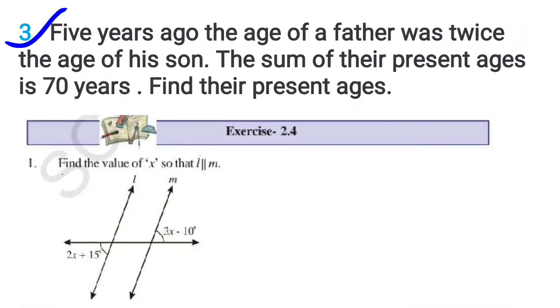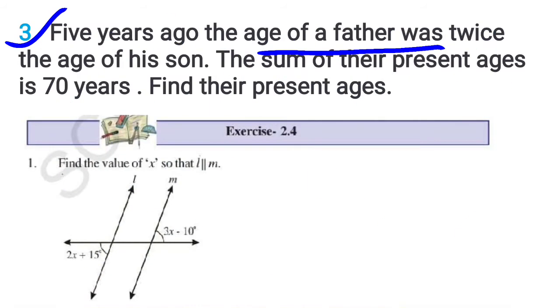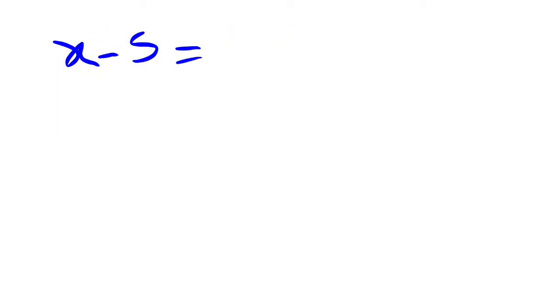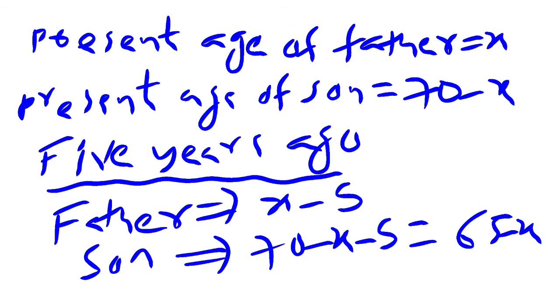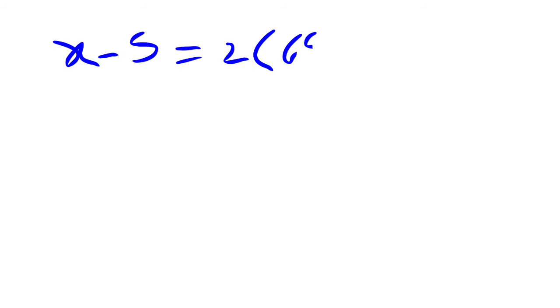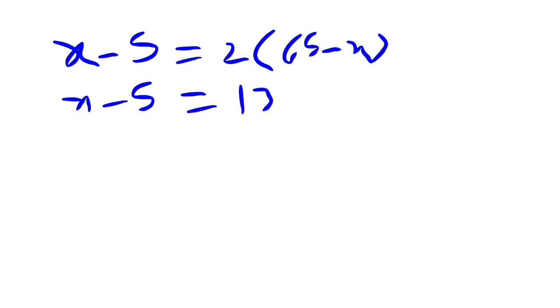Now 5 years ago the age of father was x minus 5, which is twice the age of his son, 2 into 65 minus x. So x minus 5 equals 2 into 65, which is 130, minus 2x.